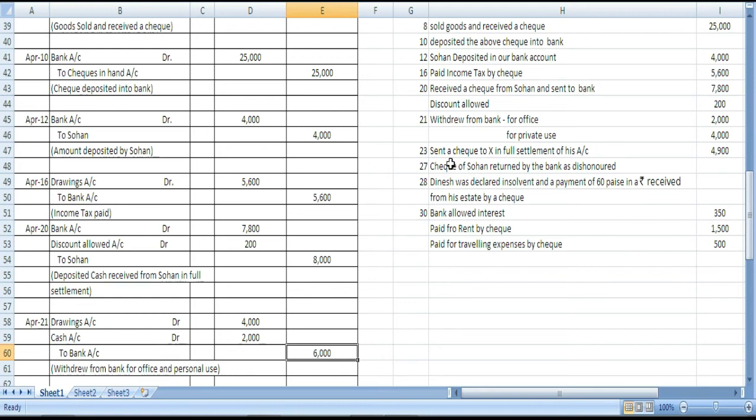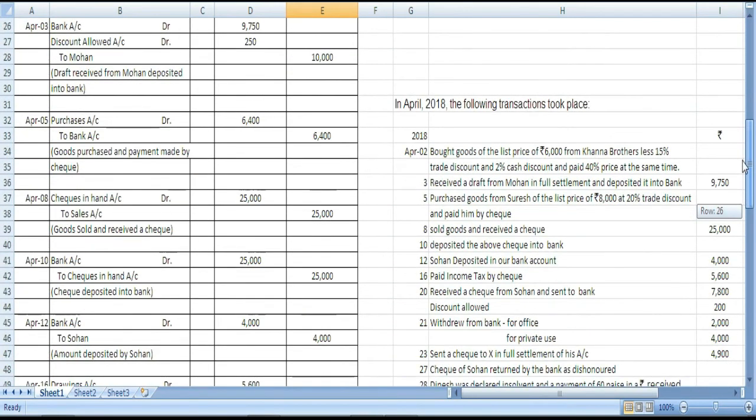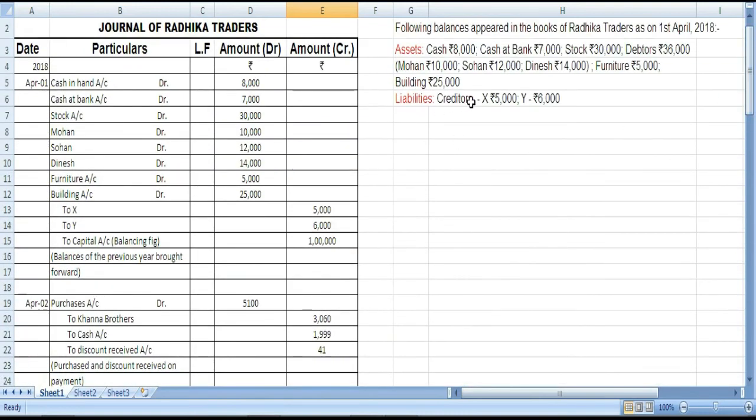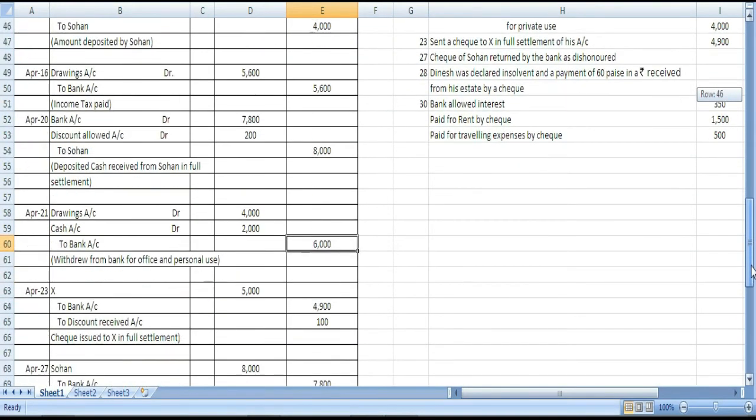Then we have 23 April. Sent a check to X in full settlement of his account, 4,900. Now, we were supposed to pay X, our creditor, 5,000, and we settled with 4,900 rupees. So, X is a receiver, he was supposed to get 5,000. We gave from the bank 4,900 according to the full settlement.